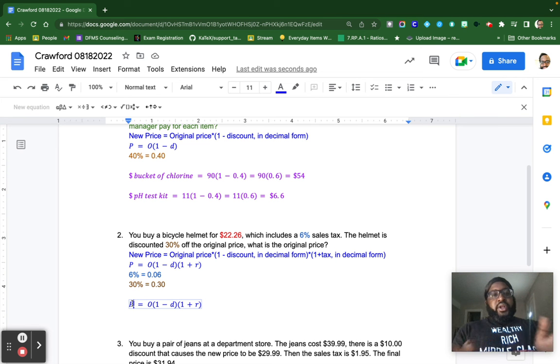So we don't know the original price. We only know the new price. Put that in there. We know the discount, 0.3, which is the same as 0.30. And we know the rate, which is 0.06.